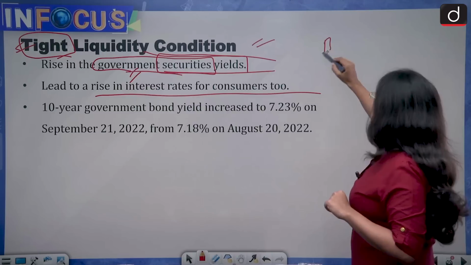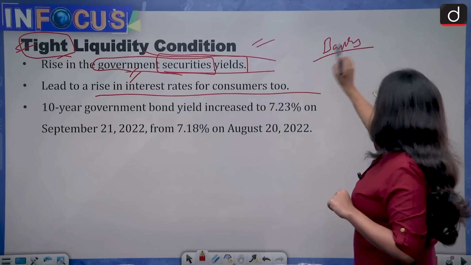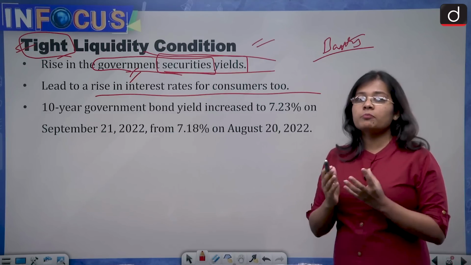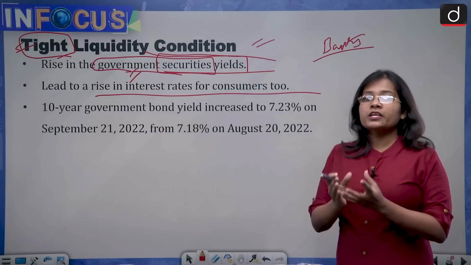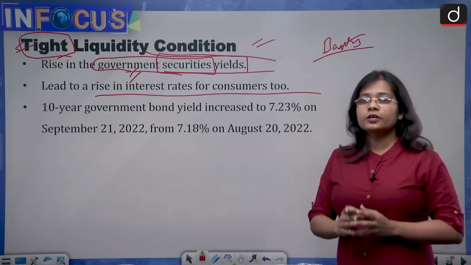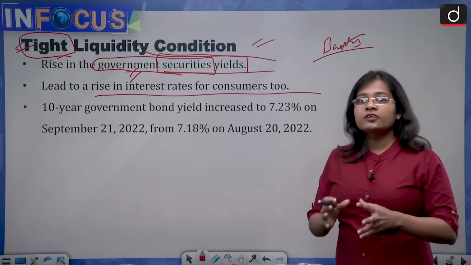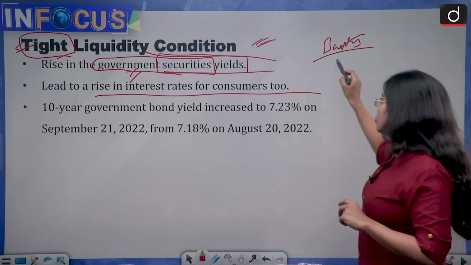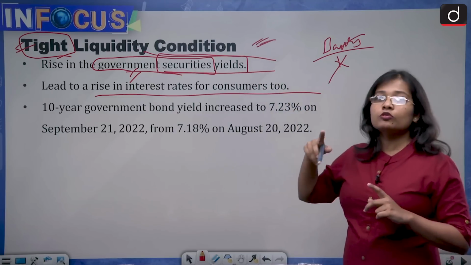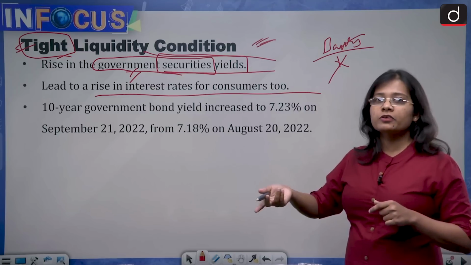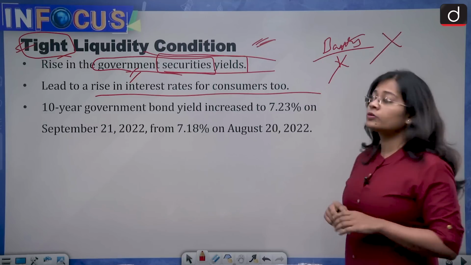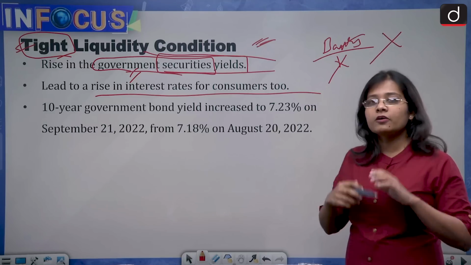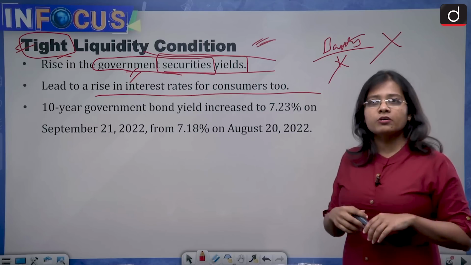If the banks do not have surplus money, because they are already suffering from tight liquidity condition, will they be able to buy the government securities? No. They will not be able to buy them.